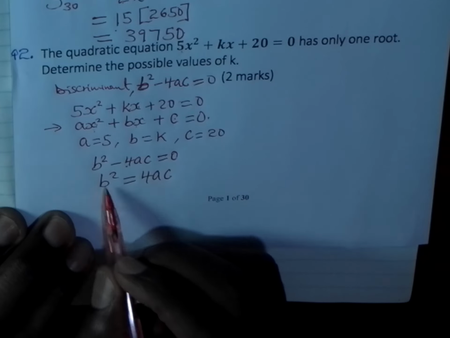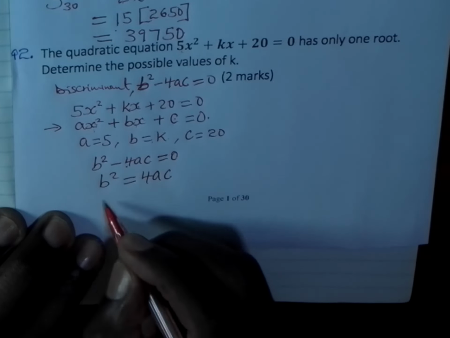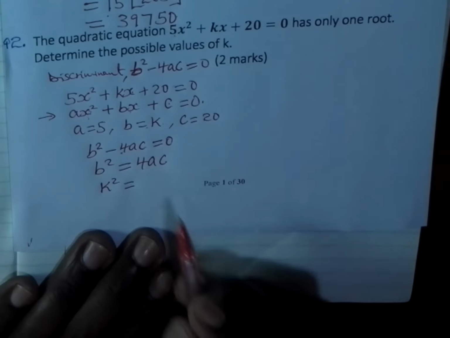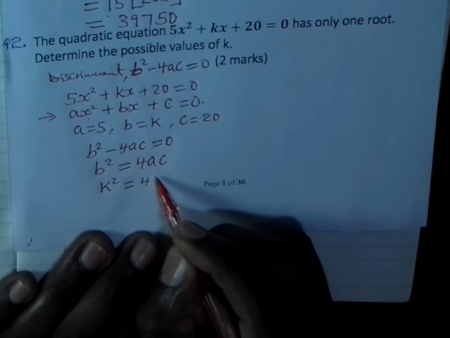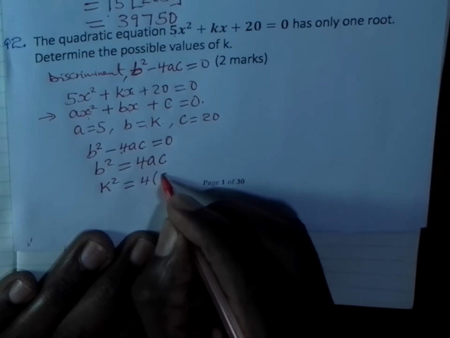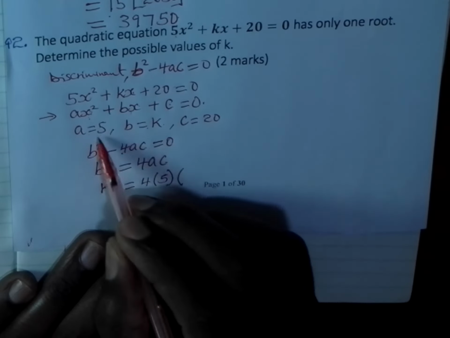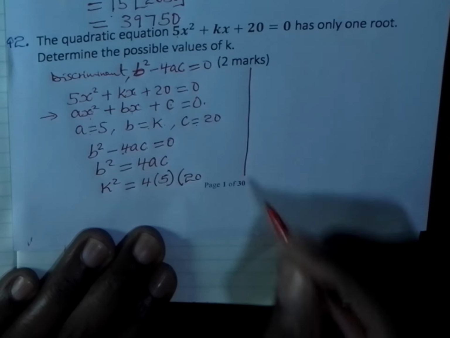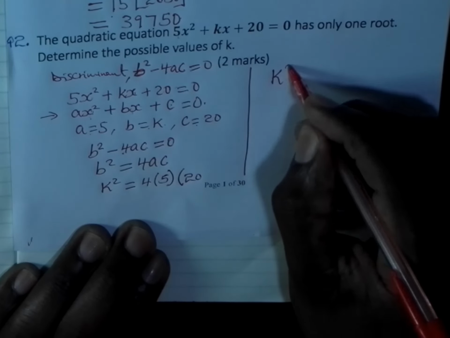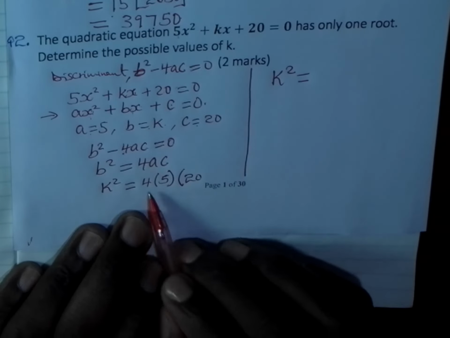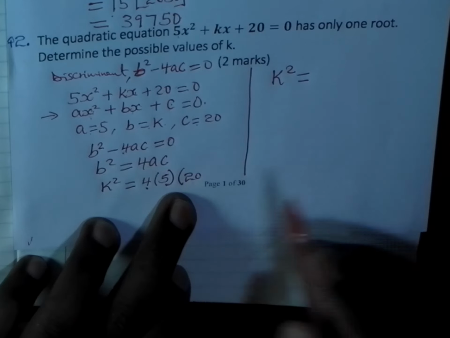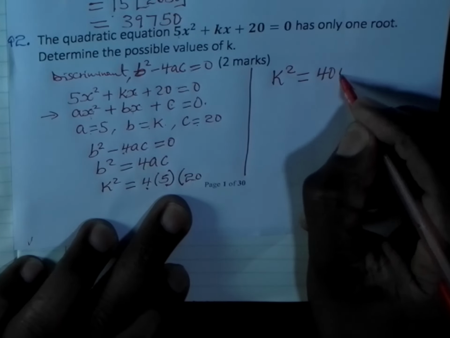So, in this case, b is equal to k, so we have k squared is equal to 4 times a is 5 times c is 20. So k squared is equal to 4 times 5, that is 20, times 20, that is 400.